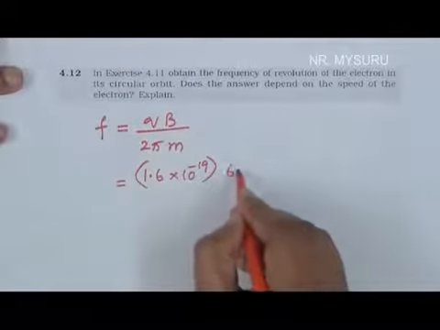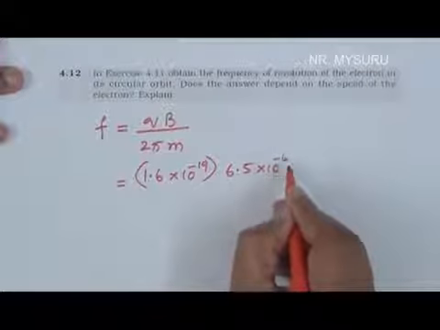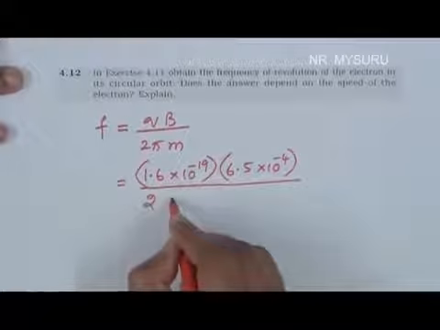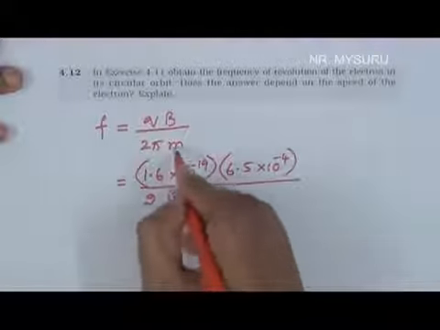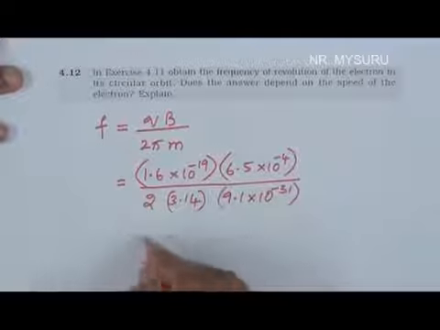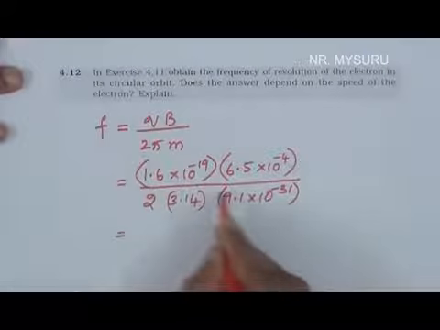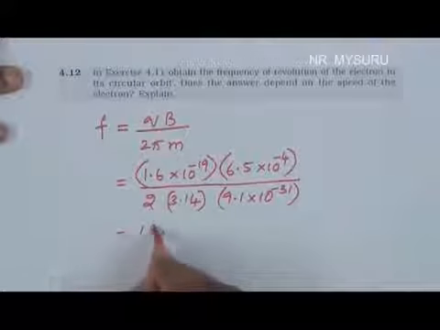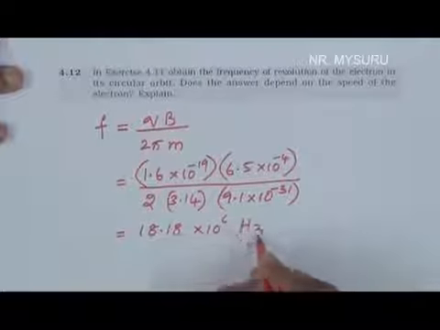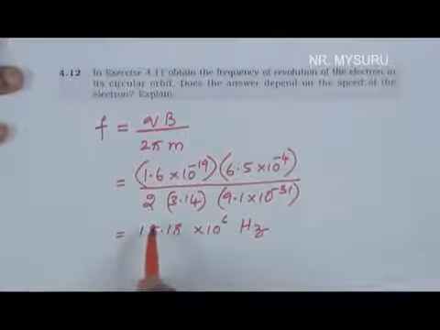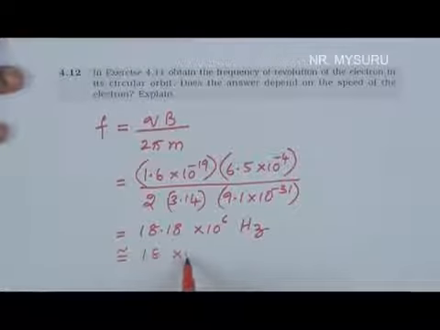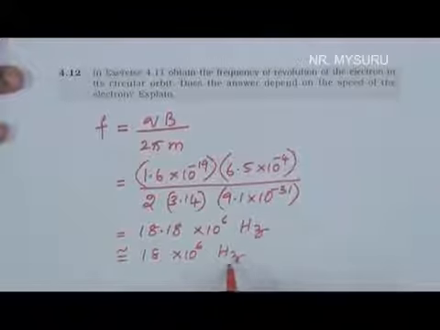Magnetic field is 6.5 10 power minus 4 Tesla, divided by 2 into 3.14, mass 9.1 10 power minus 31. Simplify, it turns out to be 18.18 10 power 6 Hertz. Since two significant figures are maintained, it is approximately 18 10 power 6 Hertz.